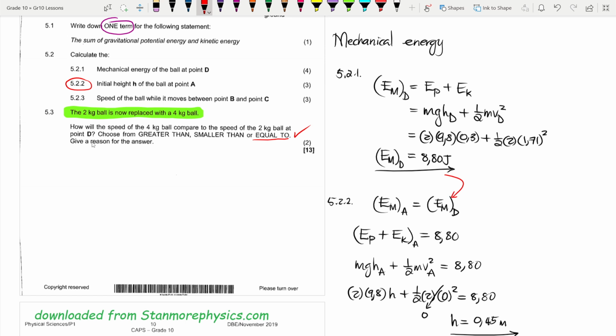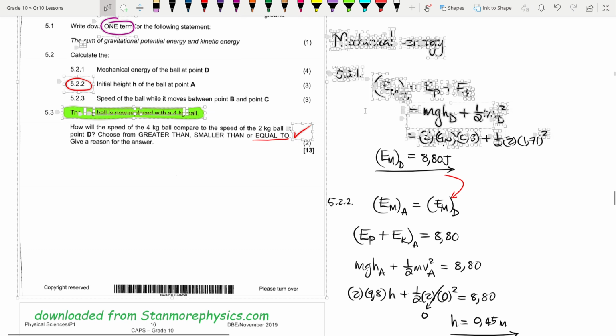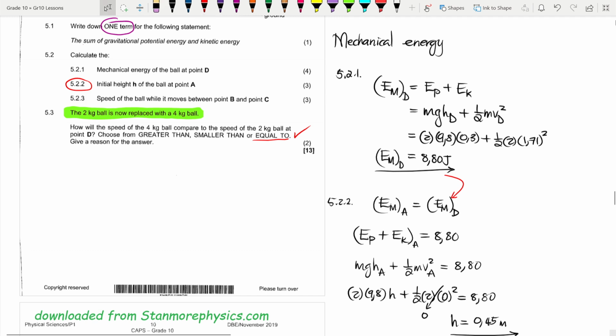I'll see the kind of reasons and options that they have in the memo, and then I'll just send that out in the group so that you can always write the reason that they do have in the memo, because you can write something that makes sense to you, but the marker maybe doesn't think it makes sense. But I'll then give you the reasons to actually write them exactly how they want them.